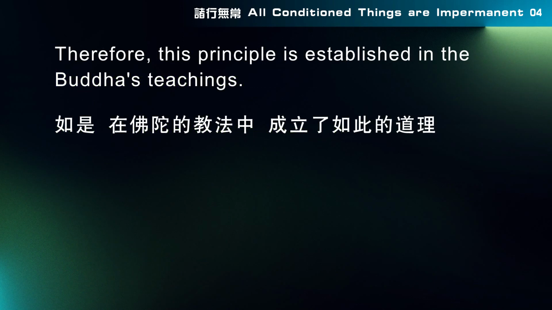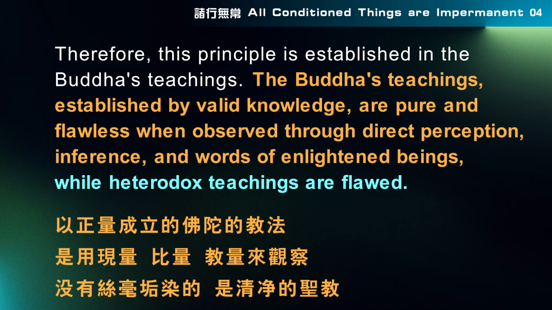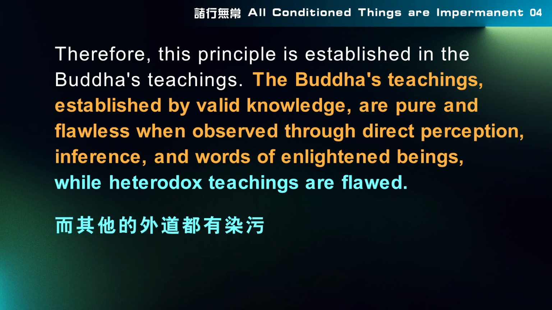Therefore, this principle is established in the Buddha's teachings. The Buddha's teachings, established by valid knowledge, are pure and flawless when observed through direct perception, inference, and words of enlightened beings, while heterodox teachings are flawed.